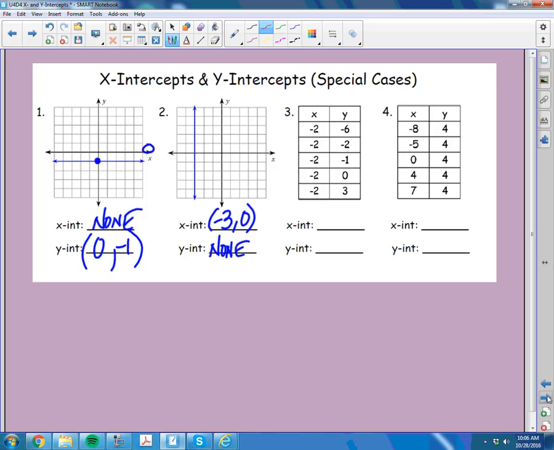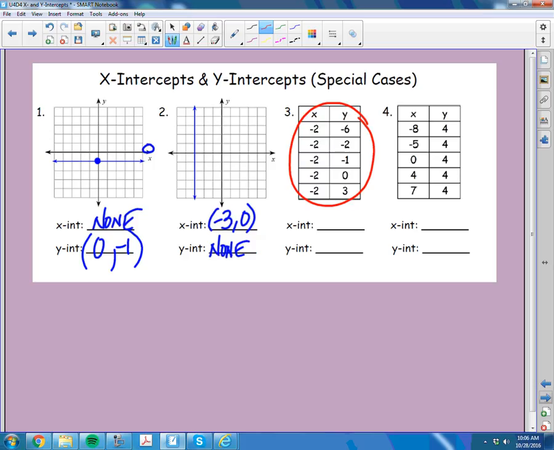Now, here's an interesting thing, and this is what I want you to conceptualize in your head. Before you give me the trick, I want you to imagine all these ordered pairs graphed: (-2, -6), (-2, 2), (-2, -1), (-2, 0). Joey, what's the line? Vertical or horizontal? I want the word vertical or horizontal. It is a vertical line.